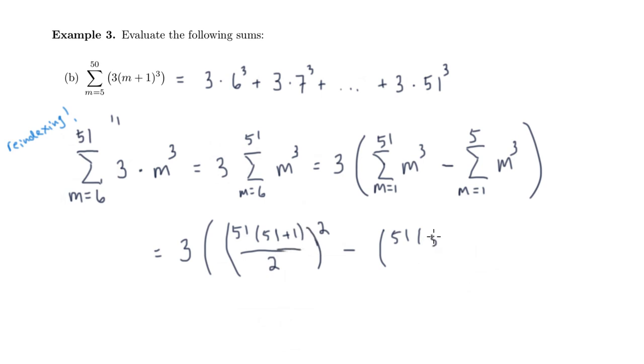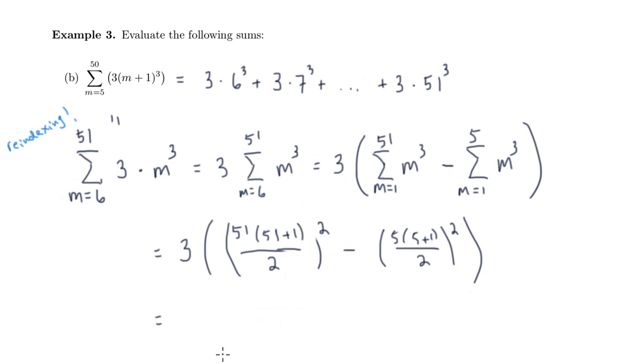And now for this sum that we're subtracting off, we're ending at 5. So this should be 5 times 5 plus 1 over 2 all squared. There we go. Okay, so make sure that looks right to you. That looks right to me.